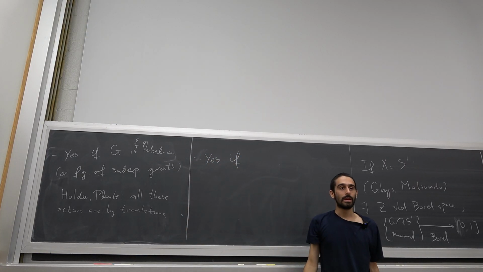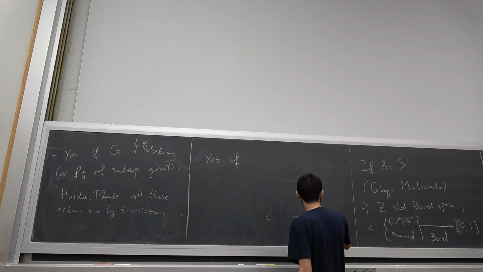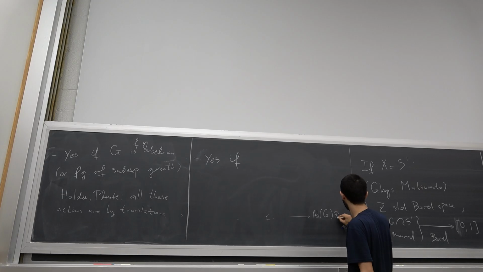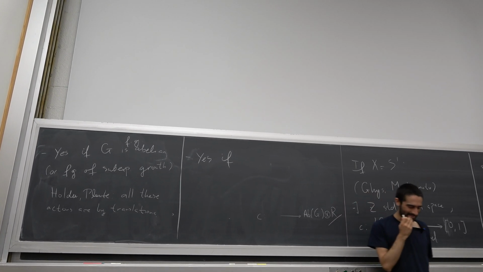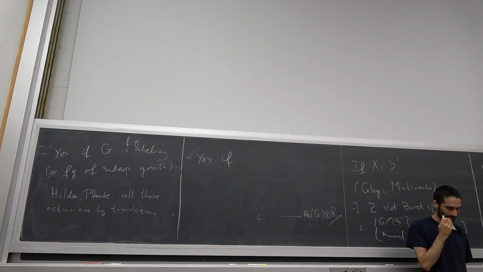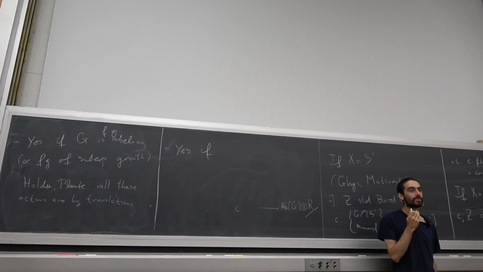What is C? C is the map to the abelianization of G tensor R mod the projectivization of this thing.